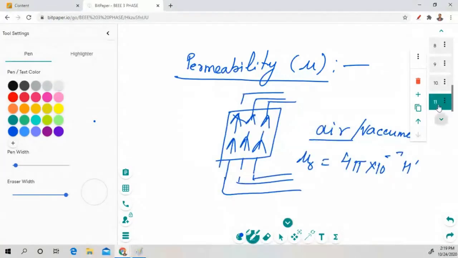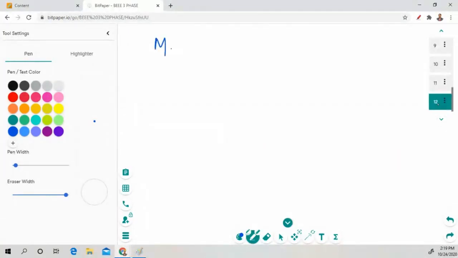What is magnetic field intensity? It is the force acting on a unit north pole placed at a point in a magnetic field.